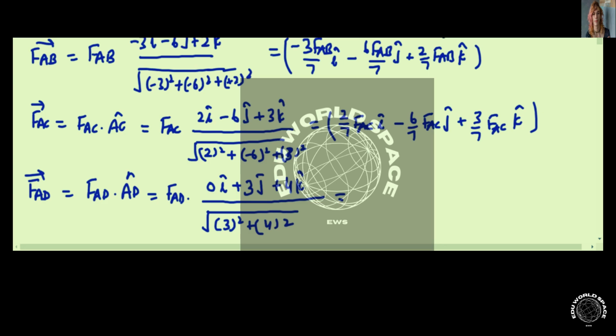So it will be 3 by 5 FAD J cap plus 4 by 5 FAD K cap, and weight of the crate W. This could be written as minus 300 pound K cap.